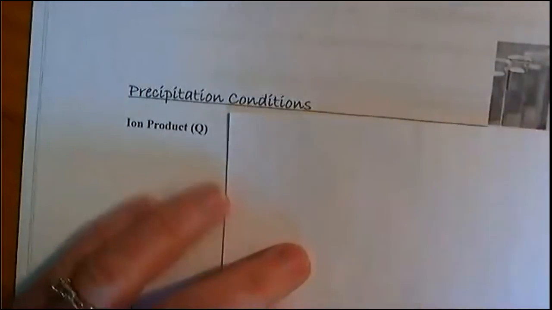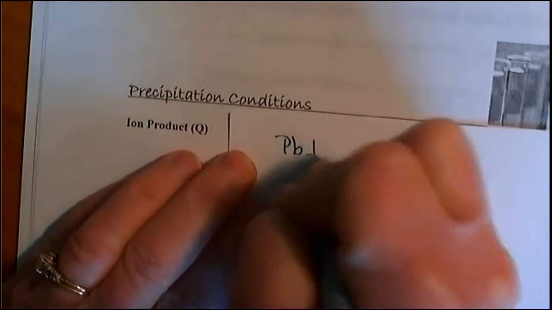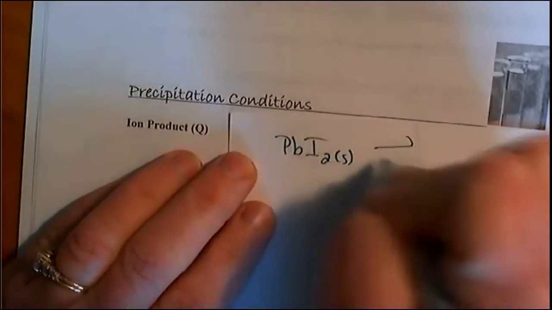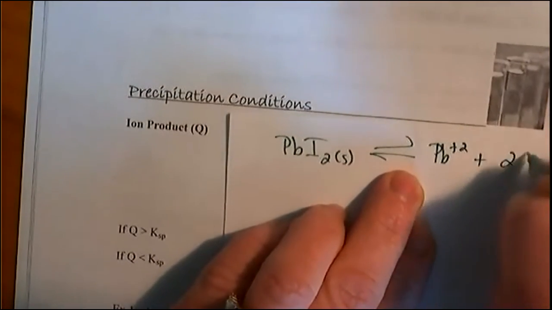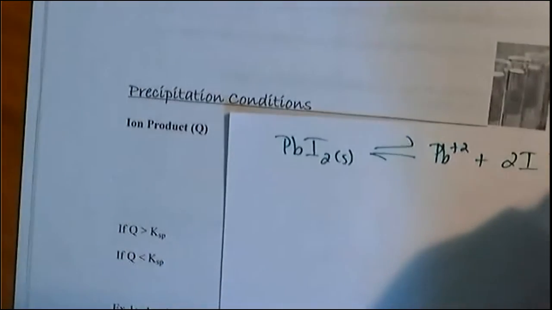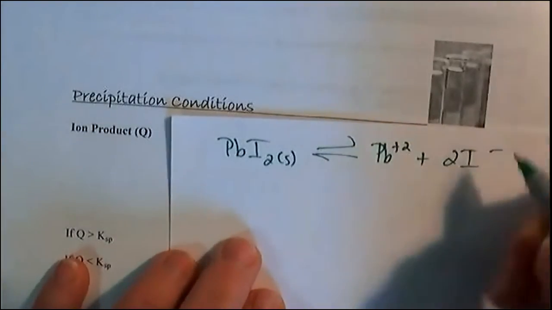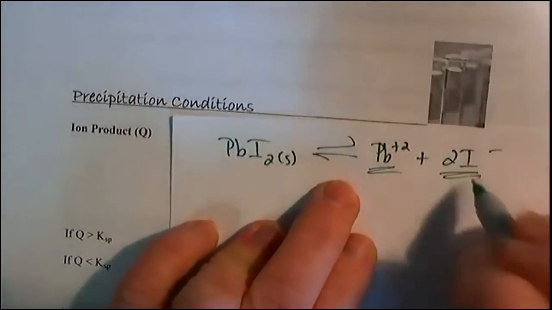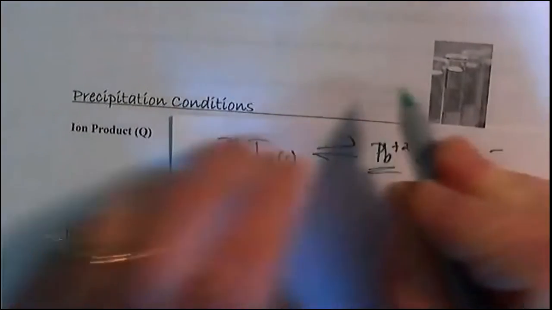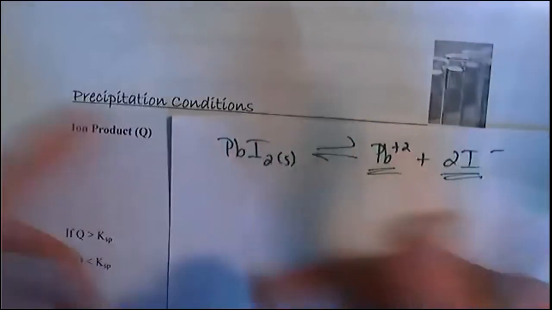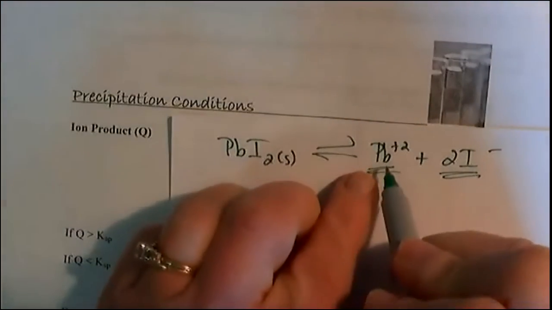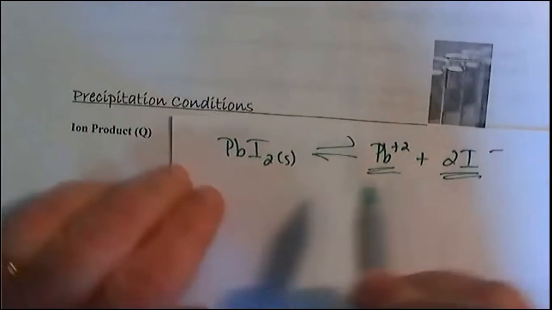I'm so sorry, my brain started to just think of the next thing. So this is going to be creating Pb plus 2 and iodides. And the question is, do we have sufficient concentration of these that will lead to the creation? And so in essence, we're kind of working backwards. We're not going to get these unless we have some of that.